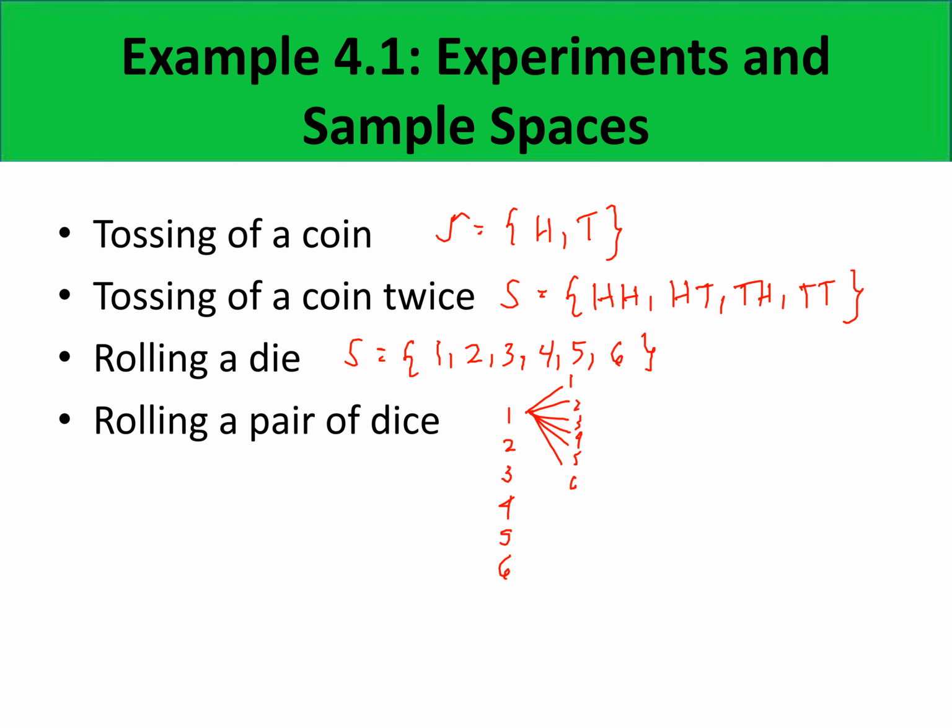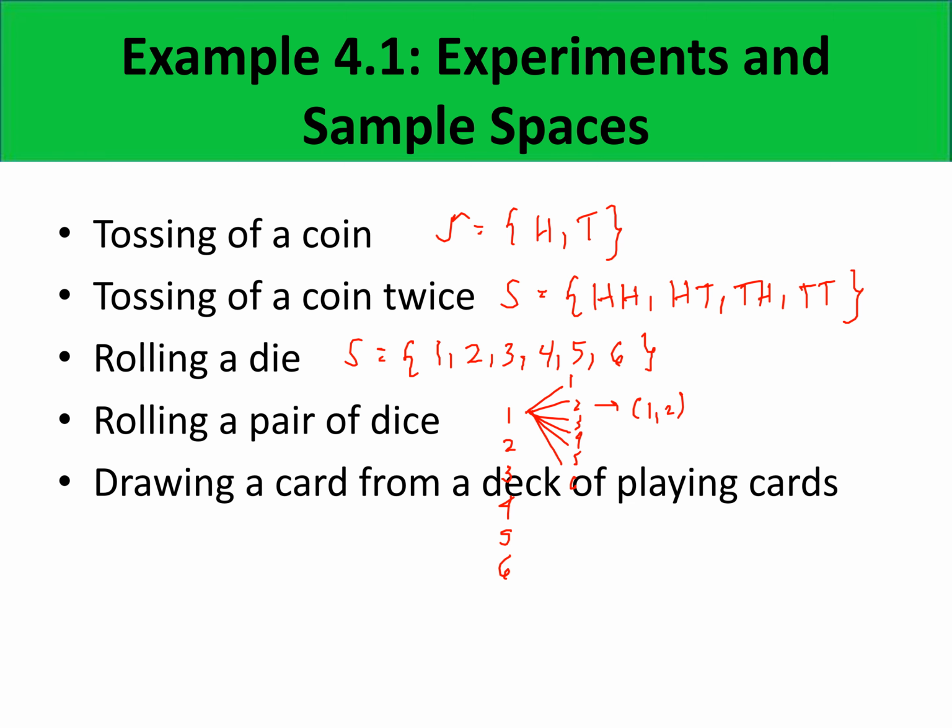Now, the final output would be an ordered pair, wherein the first coordinate would be the outcome on the first die and the second coordinate would be the outcome on the second die. And then the last example would be drawing a card from a deck of playing cards, where the sample space would consist of all the 52 playing cards.